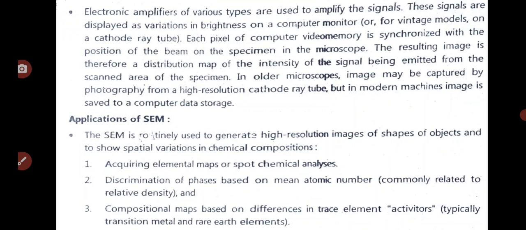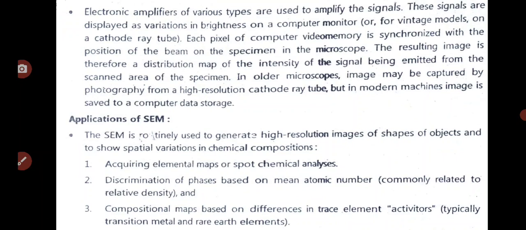So after that, the electron beam which is emitted from the tungsten lamp passes through the different types of lenses and detectors and is incident on the sample. For the measured data, we use electronic amplifiers to amplify the signal, and this signal is displayed as the variation in brightness on the computer monitor or, in vintage models, on a cathode ray tube.